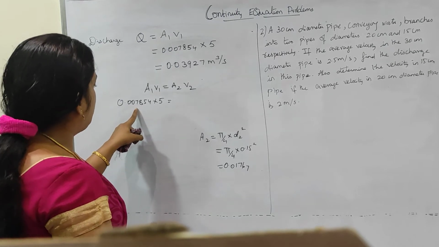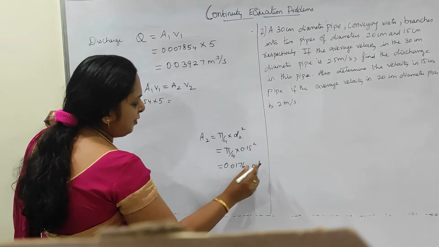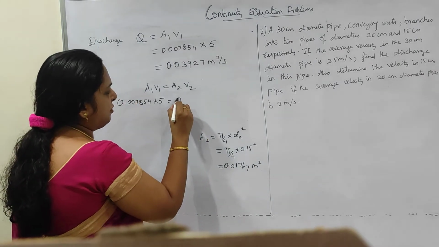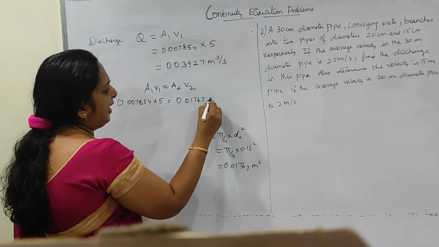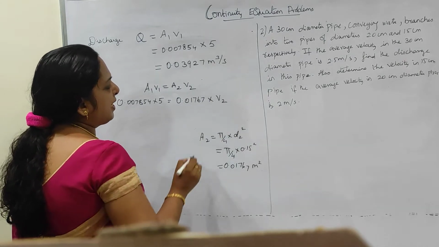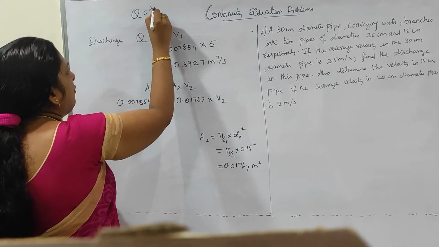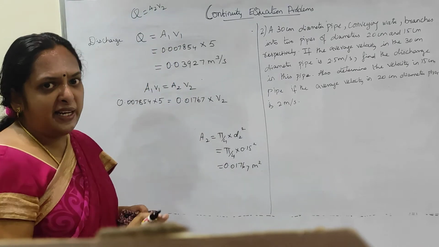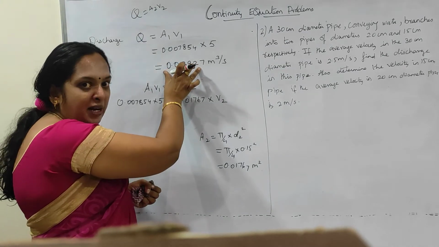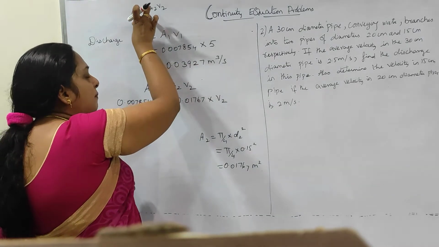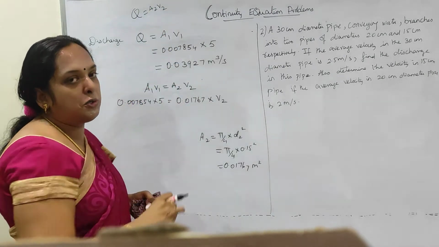So A1 is 0.007854 and A2 is 0.01767 meter square. I am going to substitute here 0.01767 into V2. Why didn't you take it as Q is equal to A2 V2? There is nothing wrong in taking that. But the problem is, if you have any mistake in that calculation, the mistake will be carried over here also, and the V2 value will also change.